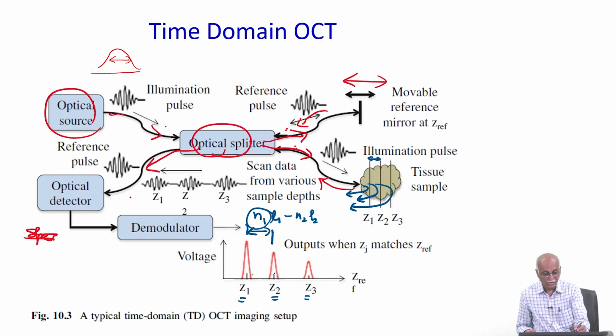So, what happens: the input from 1 will couple to 2 and 3 through the beam splitter, but when the return signal comes, the reflected signal will couple back to 4, like a circulator. So, it is acting as a circulator.